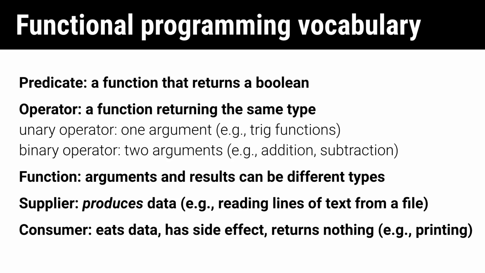So when you call System.out.println, that is a consumer. So these vocabulary terms, predicate, operator, function, supplier, consumer, are just different kinds of functions, different kinds of lambdas that we will be using over the course of the semester. You might be coming back to this slide whenever we talk about a predicate or an operator.